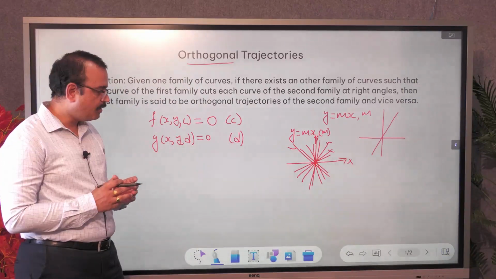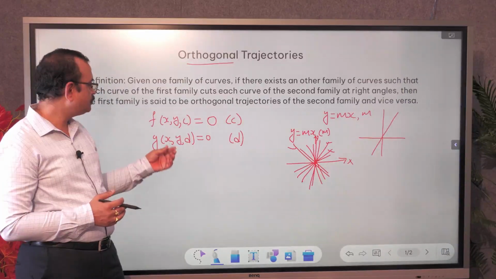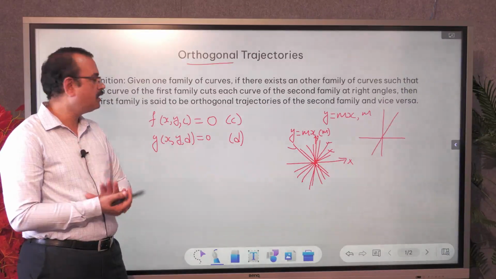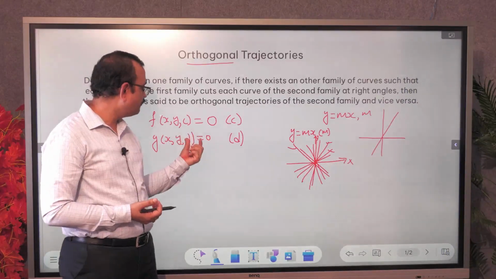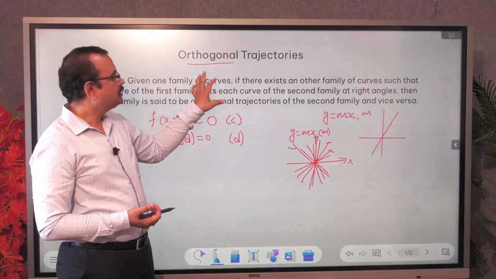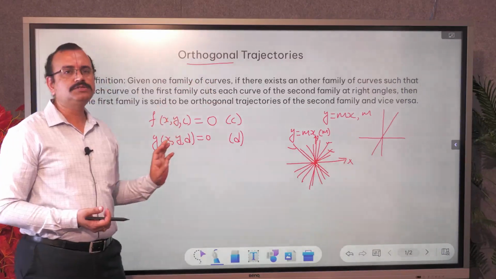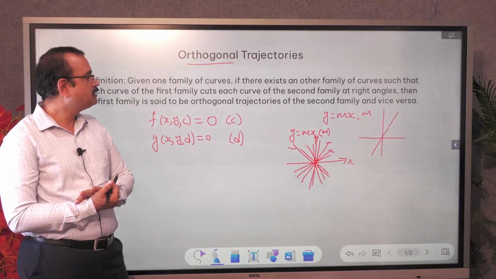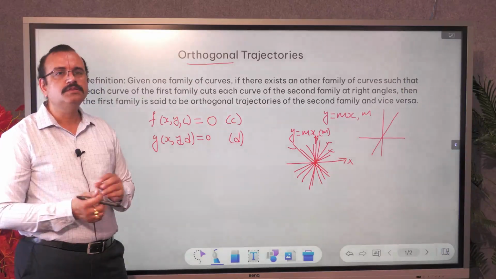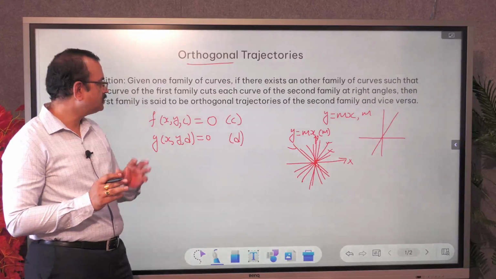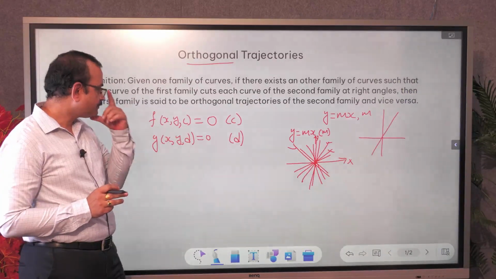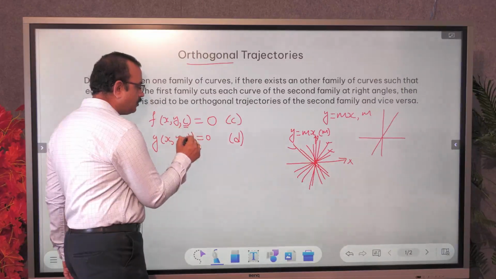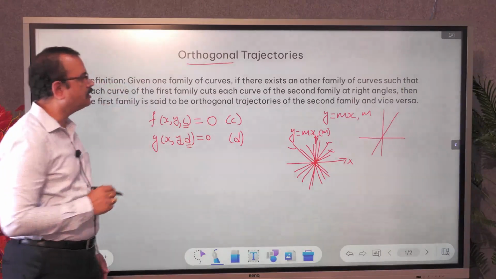Families may have more than one arbitrary constant: one, two, and even n arbitrary constants. But here we are discussing families of curves consisting of only one arbitrary constant, because we are discussing applications of first order and first degree differential equations only.